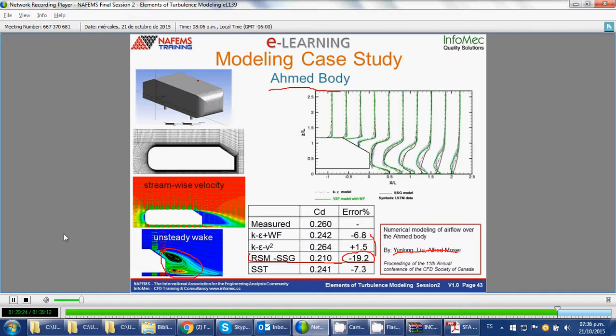Even the SST model with wall resolving all the way to the surface didn't do as much, and the best one was the K epsilon V2F model. So this is giving you some ideas of what worked really well compared to the other ones.